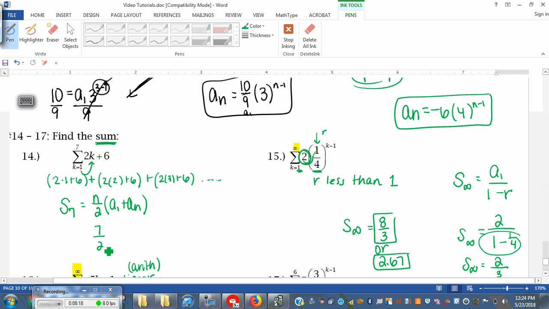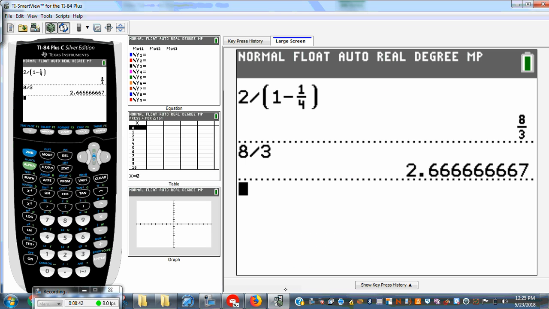So we're going to say 7 over 2. My first term I'm going to get by subbing in whatever is down at the bottom here. So 2 plus 6 is going to be 8. My nth term I'm going to get by subbing in whatever's at the top. So if I sub in 7 here, I get 14 plus 6, which is 20. Okay, so if you guys put this on your calculator, you guys will have your sum for all 7 terms.